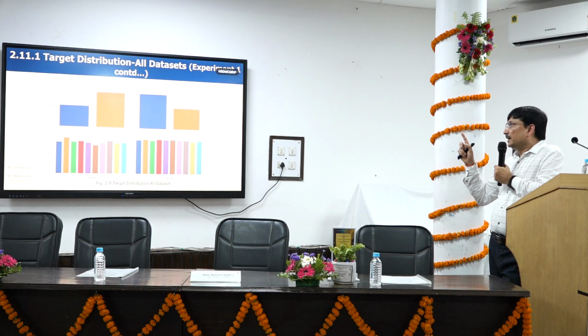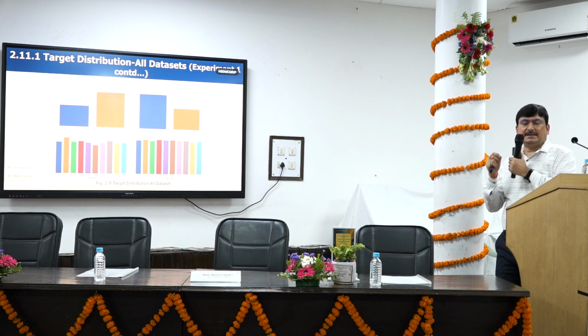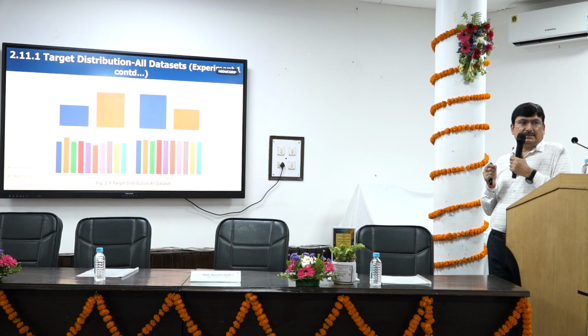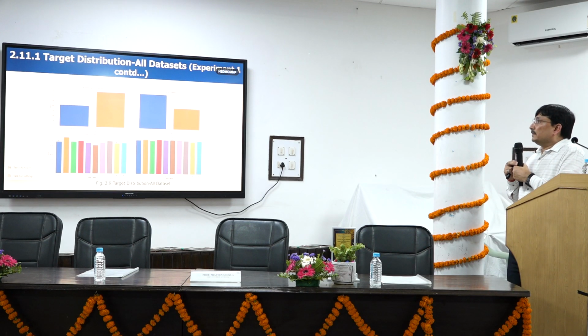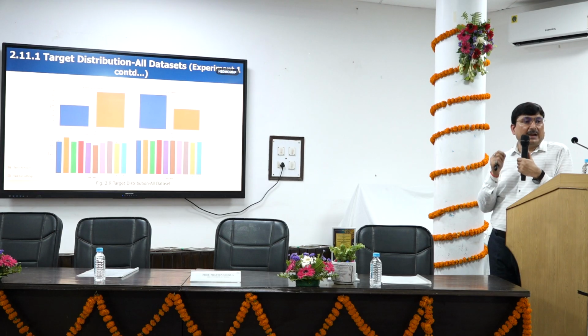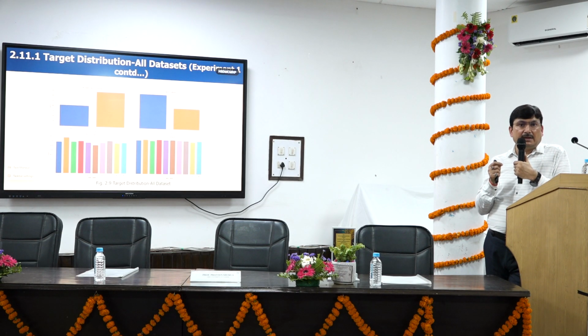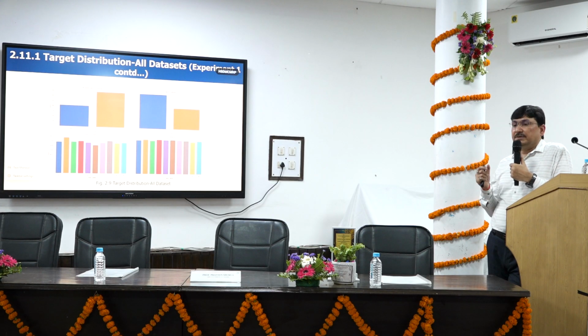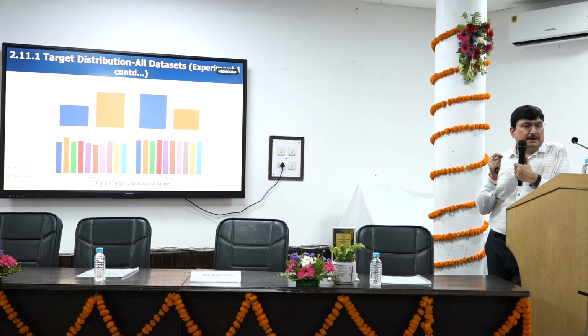One has 212, the blue bar, and the other is 357. What does it mean? It means in this breast cancer data set, 212 records are yes, and the remaining 357 are no.